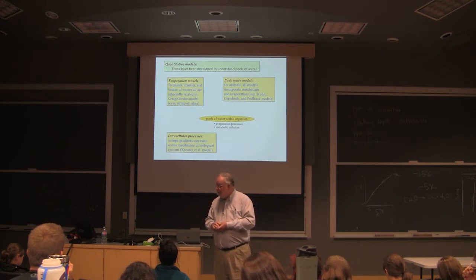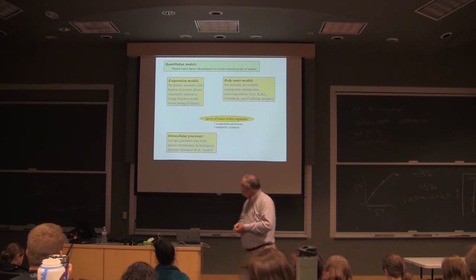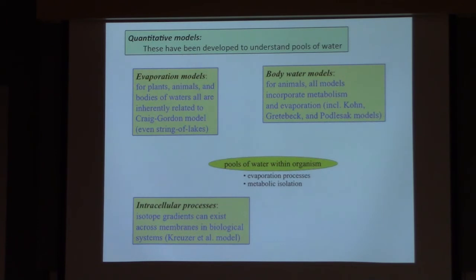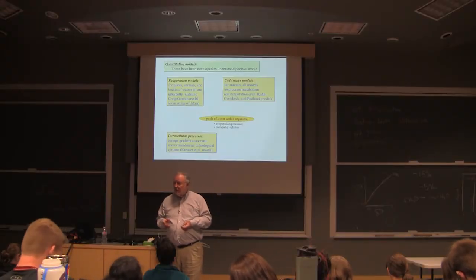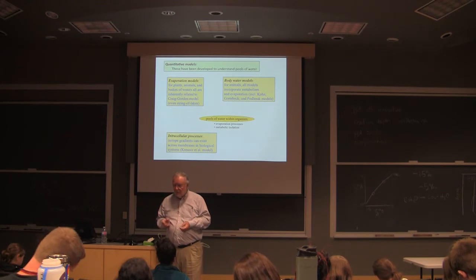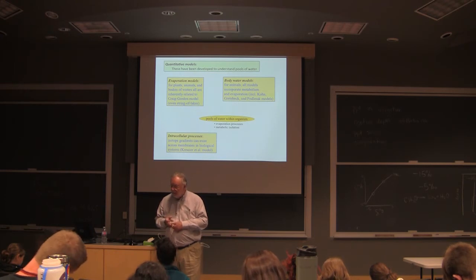We have these models available for you as equations, as Excel spreadsheets, and so forth, so they're available. We have body water models. There's a whole literature out there of body water models that allow you to predict how, on average, the isotopic composition of an organism, usually an animal, vertebrate, will change with environment, with metabolism, with breeding relationships.